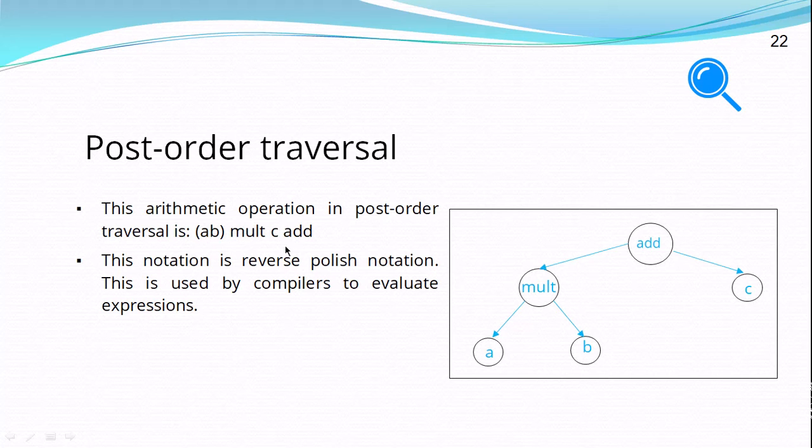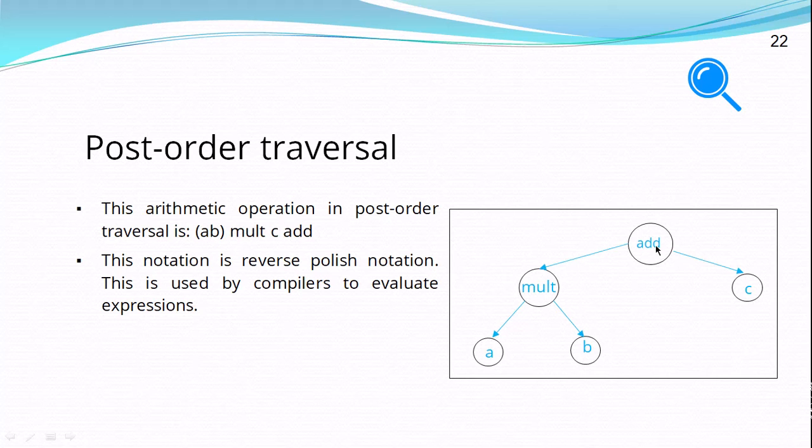The way in which you write out this operation is in reverse Polish notation, simply because Polish logicians quite a long time ago used to develop all their compiler theories in this way, and it's quite convenient to use expressions of this form in compiling, in order to evaluate expressions.